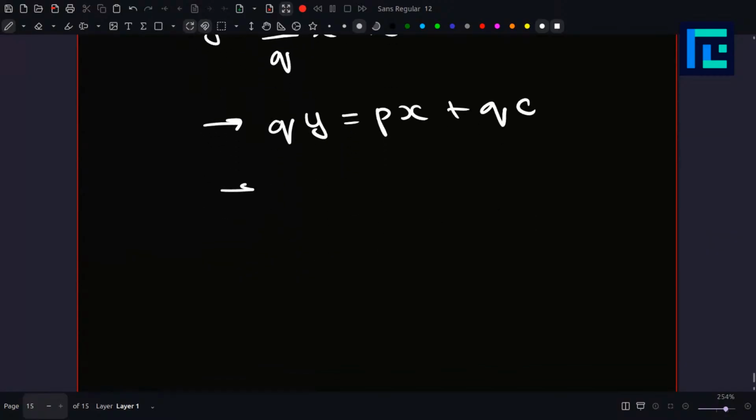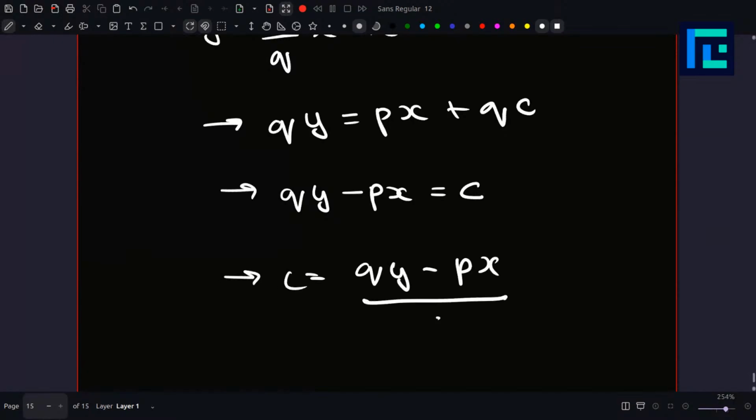Now we again simplify this, we get qy minus px equals qc. Now we get the intercept as qy minus px divided by q.